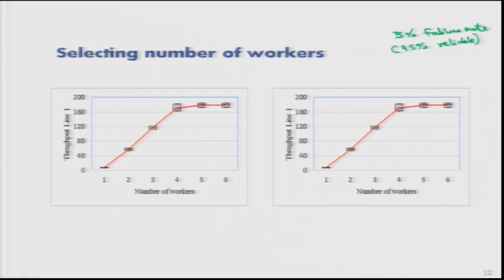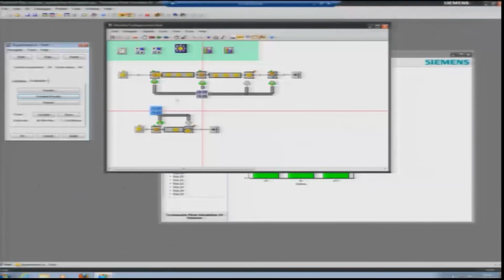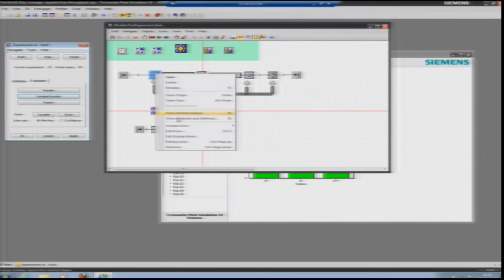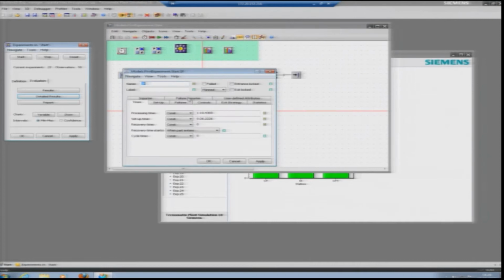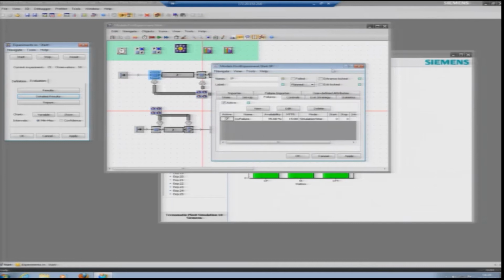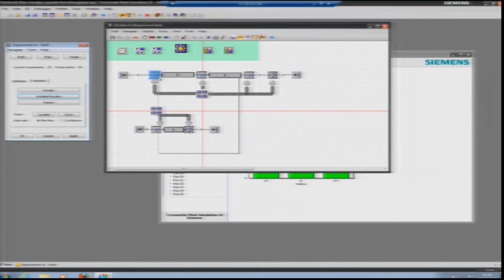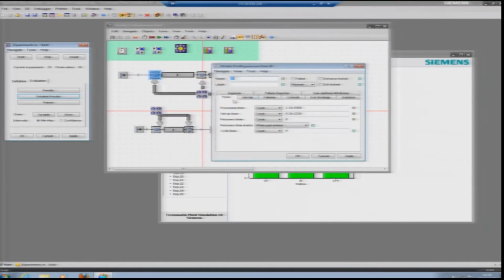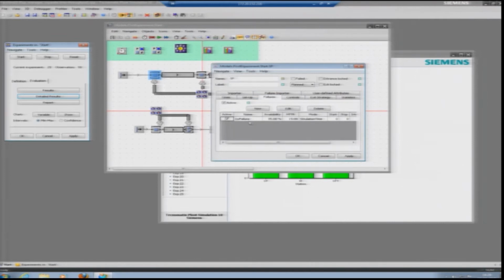So, this failure rate could be put in here. If you see the failures, when I open this machine 1, I have put my availability at 95%. So, this is 95% reliable. So, this failure rate is kept here.